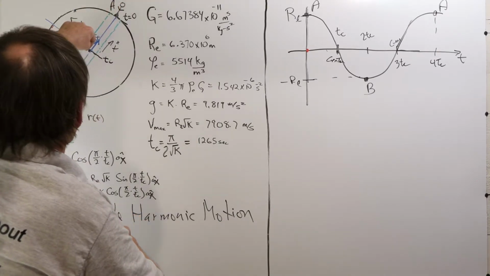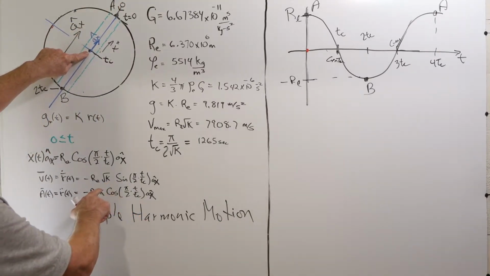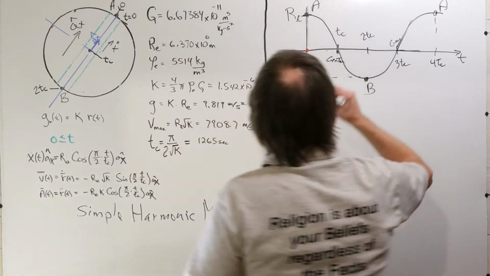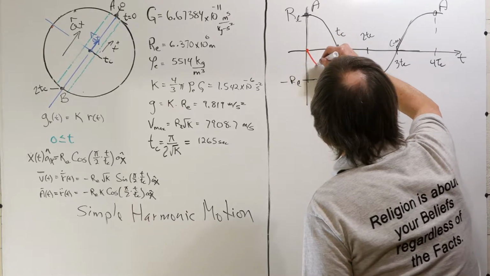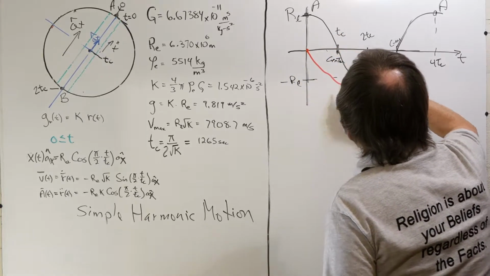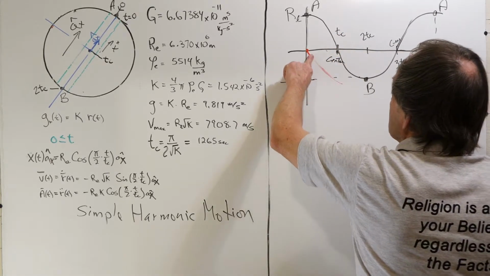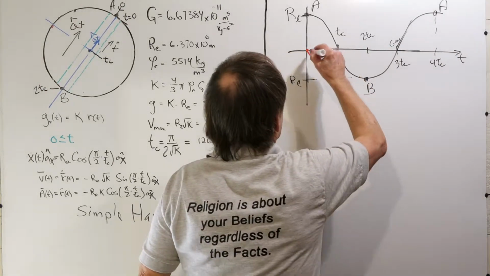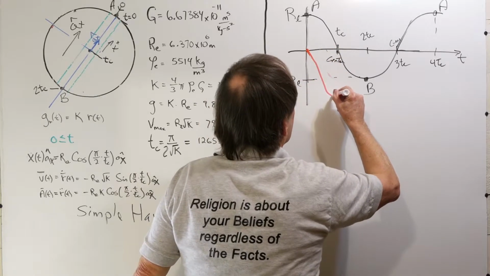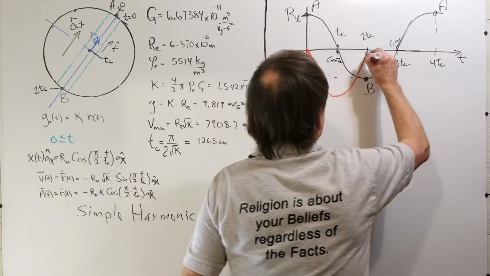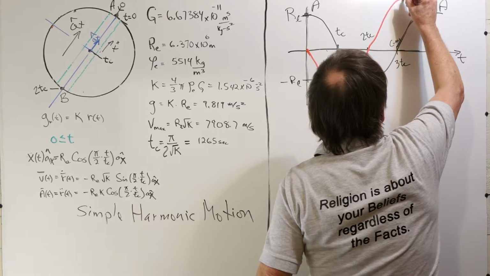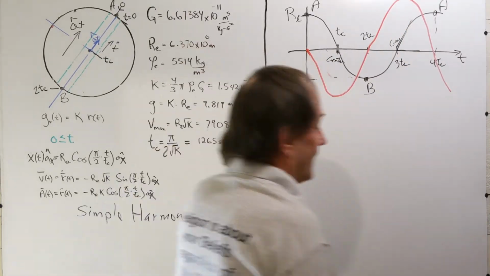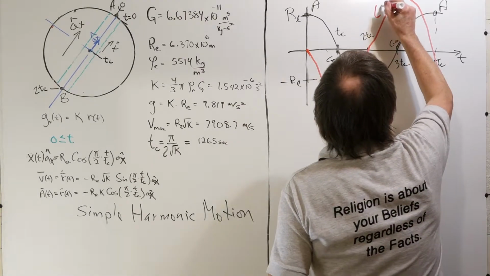We're increasing velocity, and we attain a maximum as we pass the center. And then it decreases, then it increases and decreases. This is our velocity, v of t.